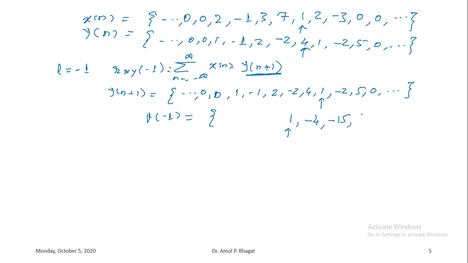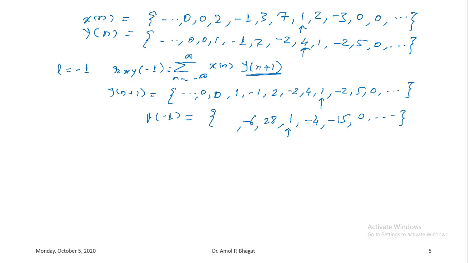And the remaining values are 0 here, so all will be zeros, right? So again 4 multiplied with 7 will be 28. Minus 2 multiplied by 3 will be minus 6.